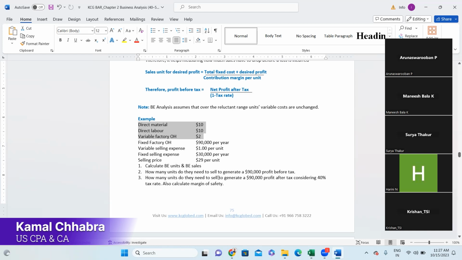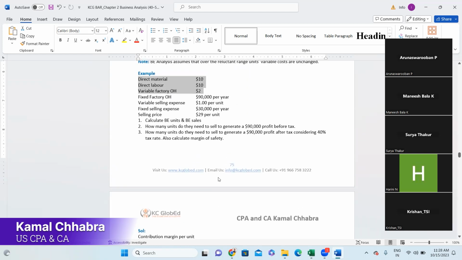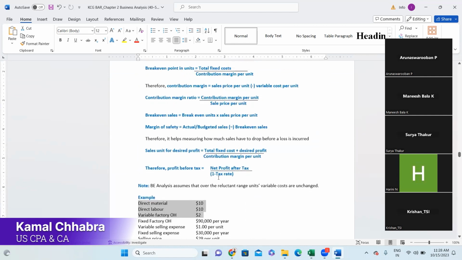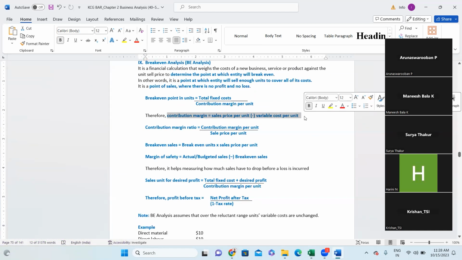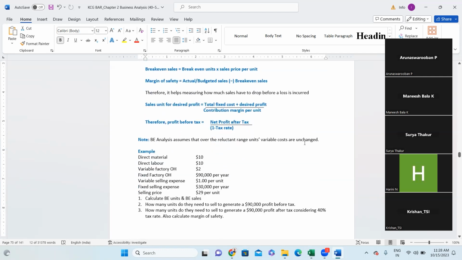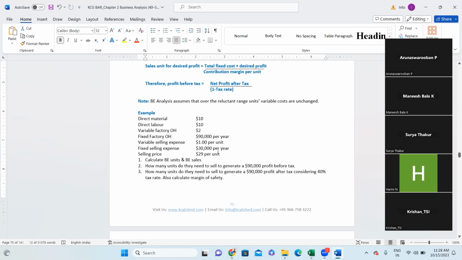Yes, no. सर ये कहाँ से लिया आपने ये वाला फॉर्मूला? Which formula? Contribution margin. हाँ. So contribution margin is equal to sales price minus variable cost per unit, right? So what is the sales price?